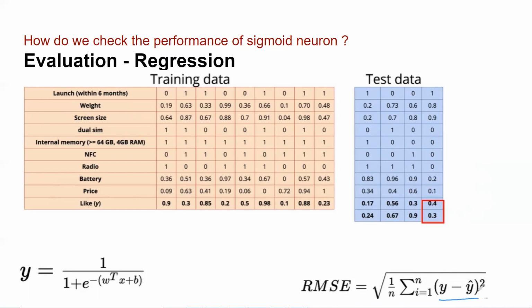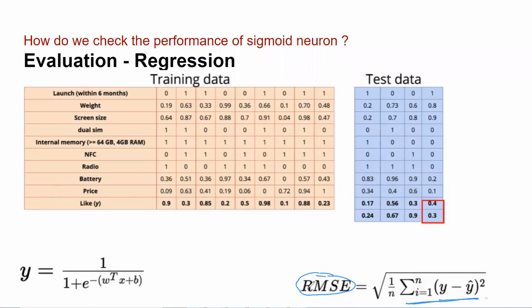That's the loss, the square error loss. Similarly, doing it for all the observations, that's my summation part. Then I am taking the average, by multiplying 1 upon n. And then I'm taking the square root of it. And this becomes another metric called root mean square error.